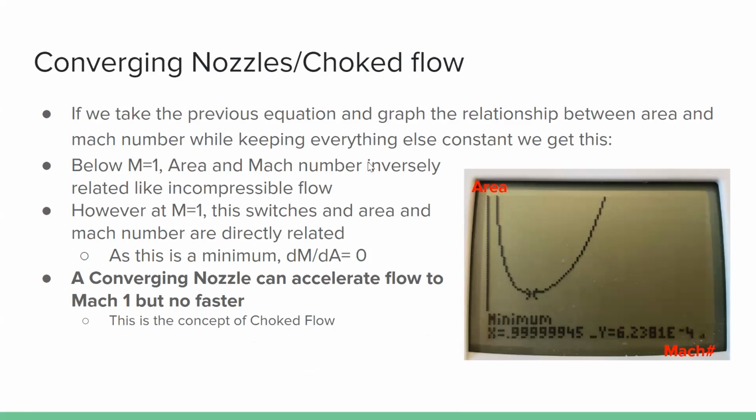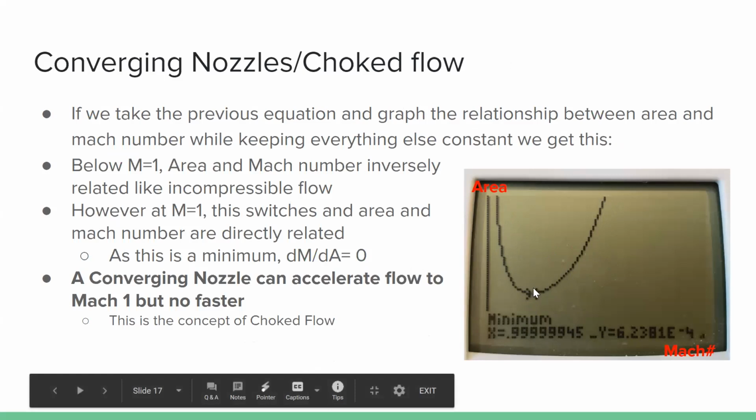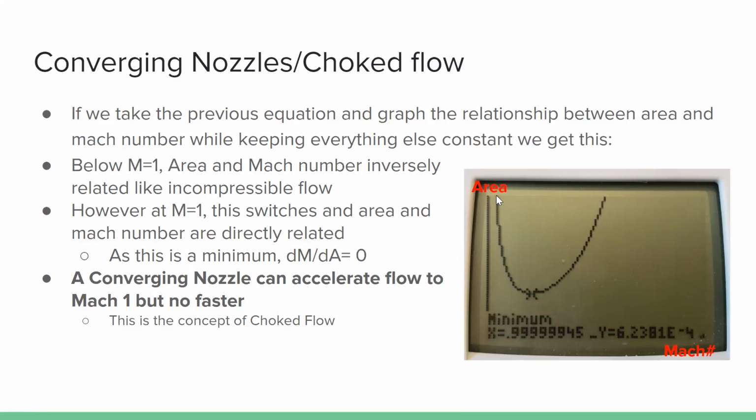And basically we see that this point here is at x equals 1, at a Mach number of 1, is where that parabola has a minimum. So that means for Mach numbers that are less than 1, you have the relationship such that as area decreases, Mach number will increase.